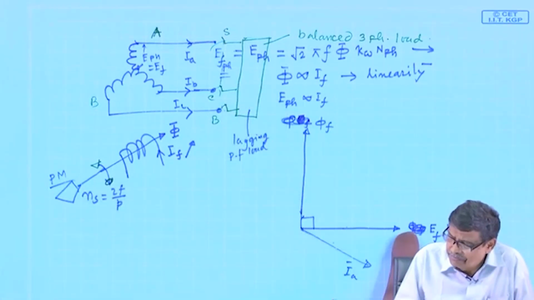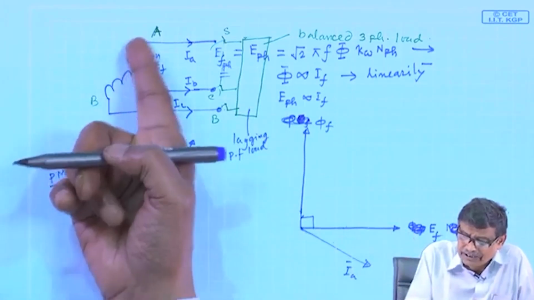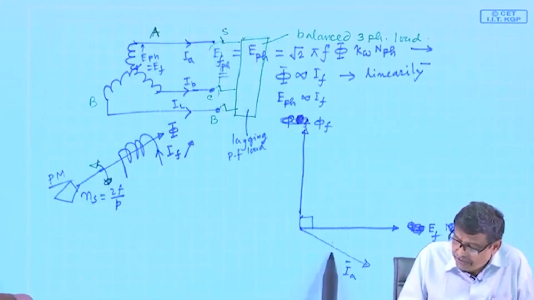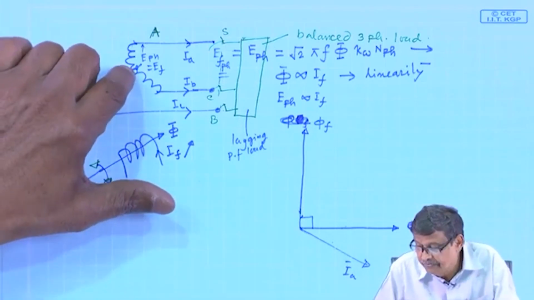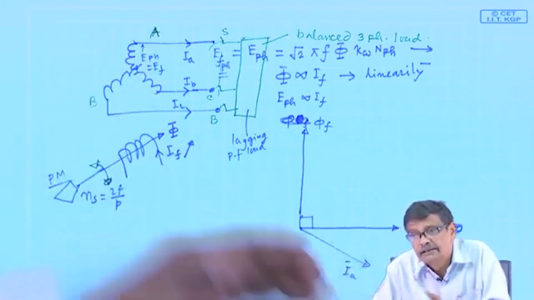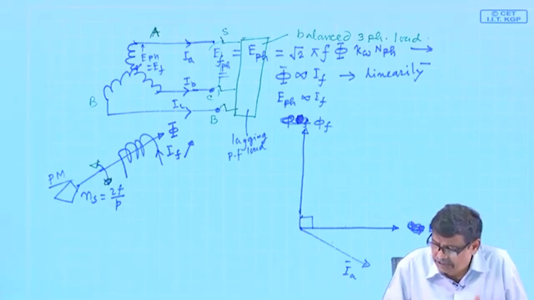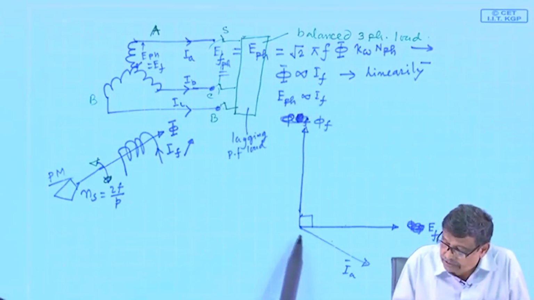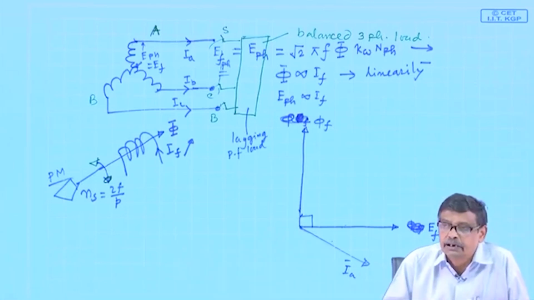With respect to EF, because everything is RL type, it is the internal power factor of the machine. With respect to EF, IA will be lagging because I have connected a lagging power factor load. So this will be the armature current.